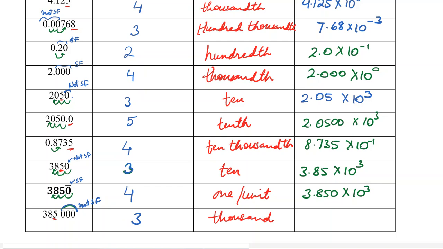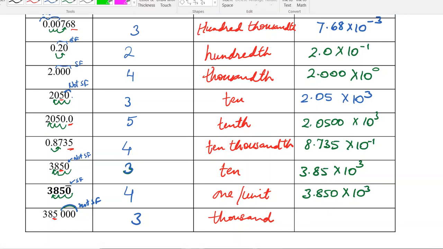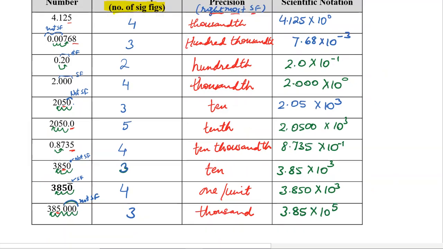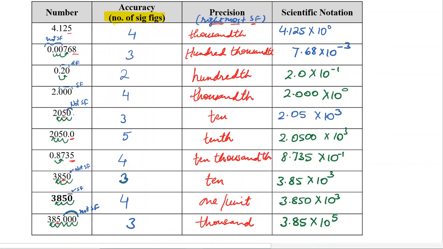For the scientific notation, you put the decimal after the first non-zero digit, write all the significant figures, and see how many places the decimal is moved. 1, 2, 3, 4, 5. So we have 10 raised to power 5. This is how we figure out the precision, and also how we convert into scientific notation.